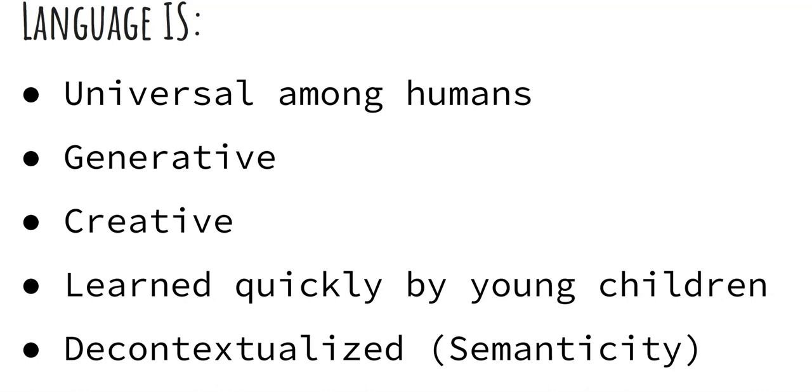So little children, one thing we'll talk about in a second is that it's learned really quickly by young children. So it's not like language for people is as complicated as, okay, let's all learn trigonometry or something. That's not really natural for kids to learn. It's something that you have to learn in school.